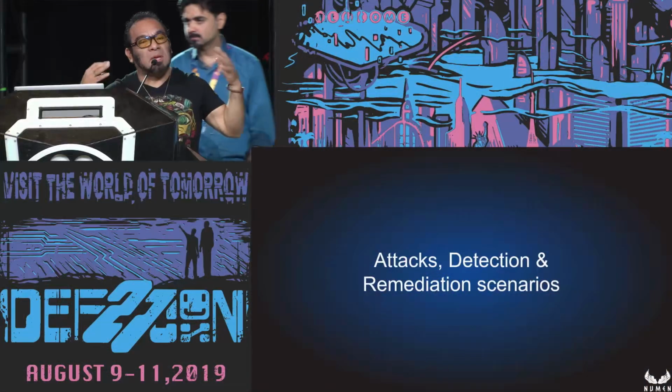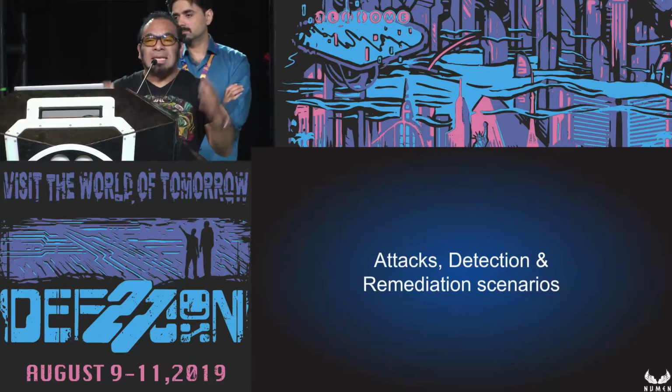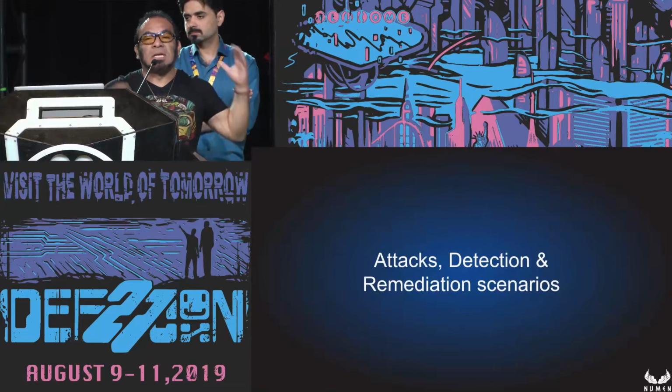Okay, guys, so let's get to the fun part, because after this whole effort, now we know the basics. We know how to use BMI to introspect into the machine. Now we have the board, everything, right? Let's see what we can do from an attacks perspective and detection with these components.